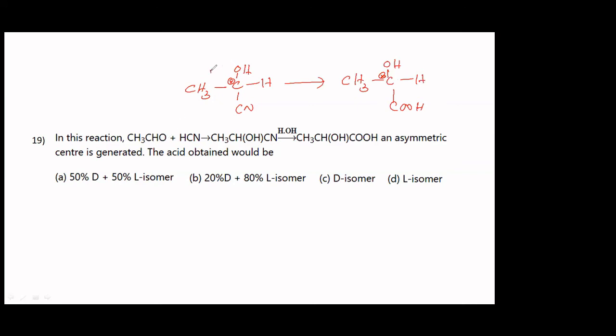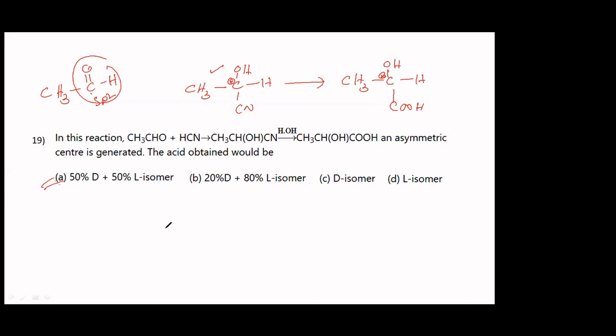In the formation of this itself, both the isomers are possible because CH3, C double bond O is a planar molecule. This side is planar, sp2 hybridized. Both the isomers are possible.